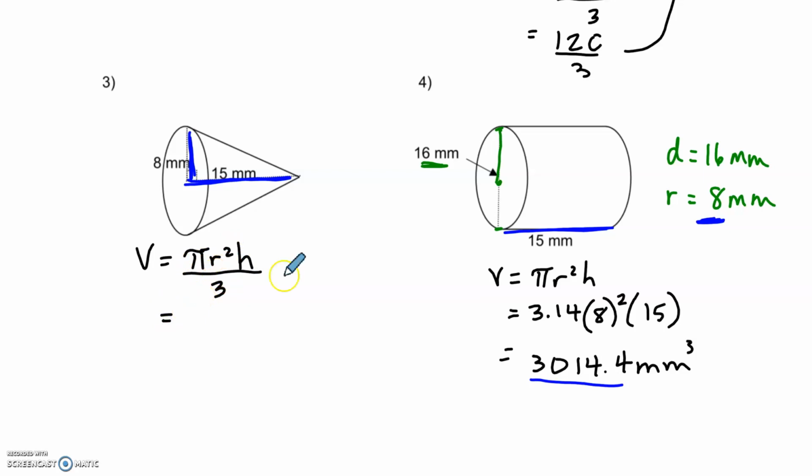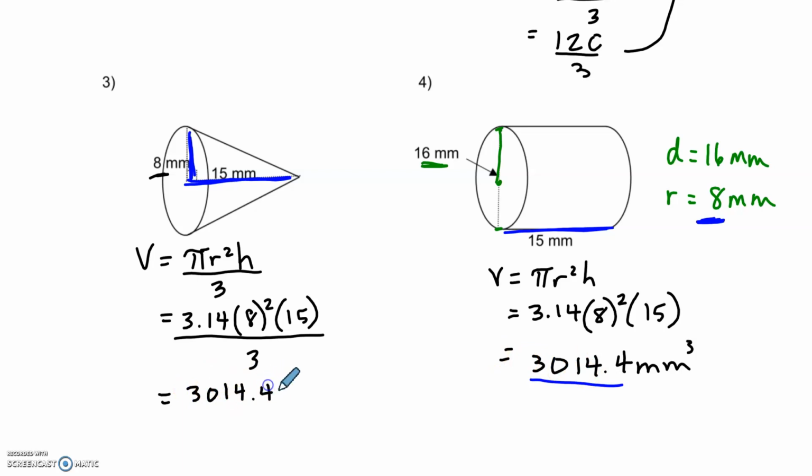So pi r squared h, we already have it over here in our other question, so we'll just write it down. 3.14 times the radius is 8 times the height is 15, and then that answer is divided by 3. Now I don't have to calculate this because I already have the answer over here, 3,014.4.